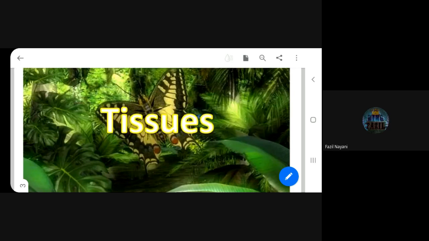Transmission of message, help in movement. What are they giving? They are supporting our body. Yes, they help with muscle. Fine. So it is giving us mechanical strength, structure and mechanical strength to the body.